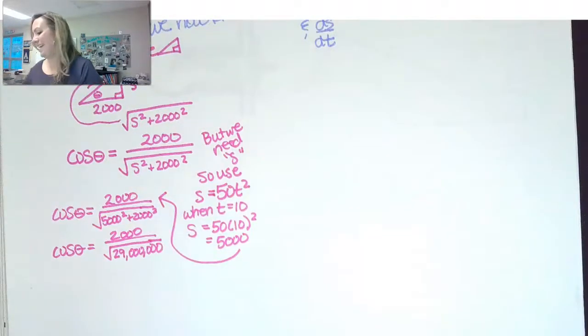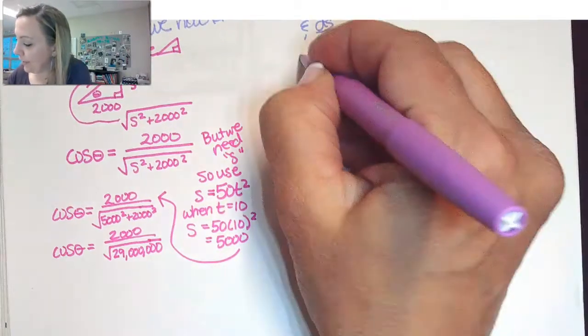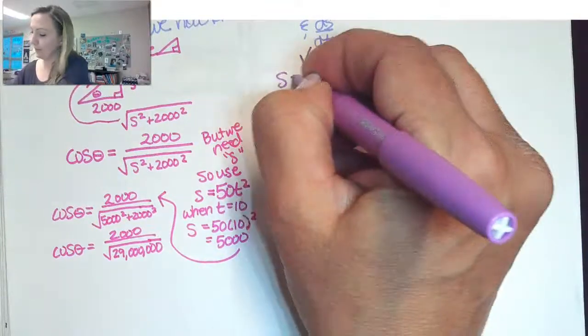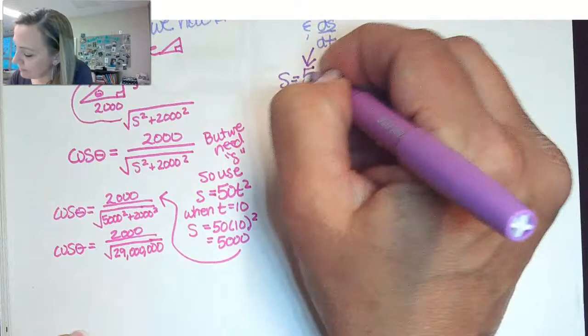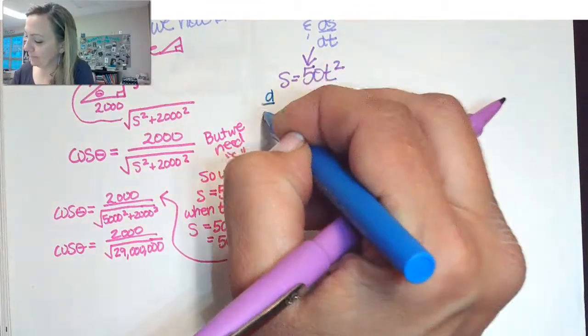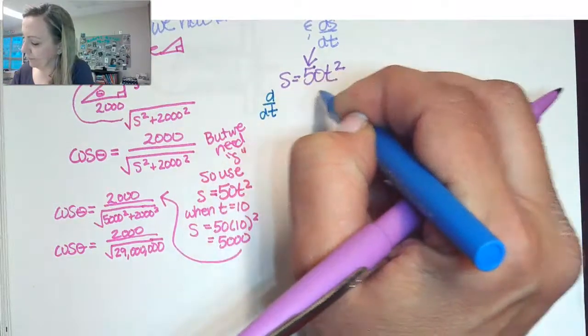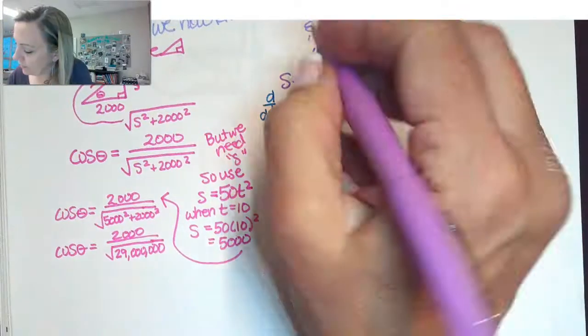All right. Now I'm going to need ds dt. Well, what we know from here is that s equals 50 t squared. So let's differentiate this equation with respect to t.